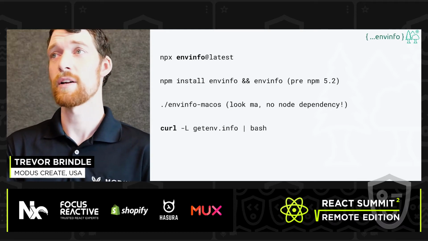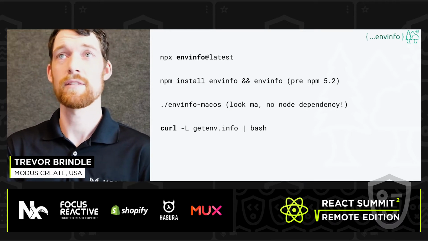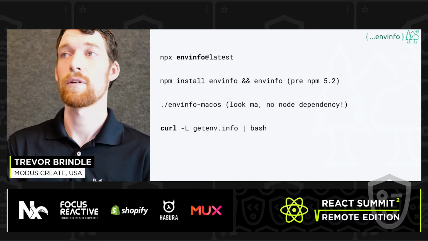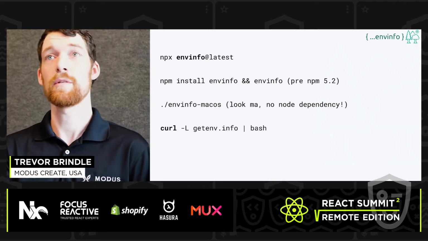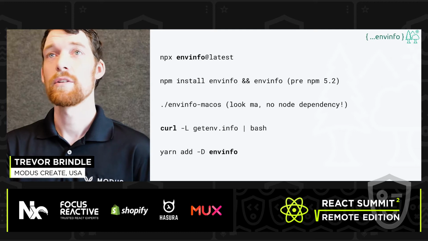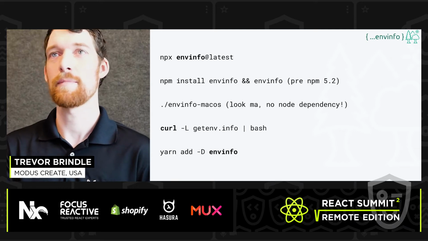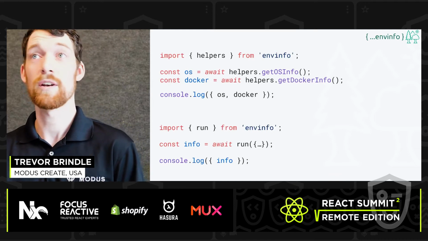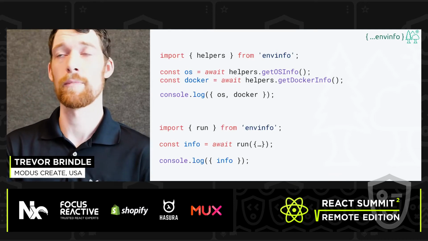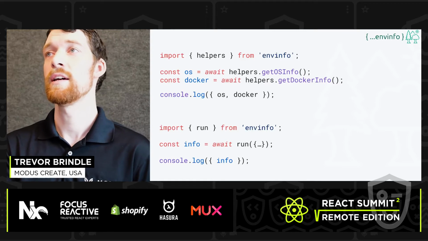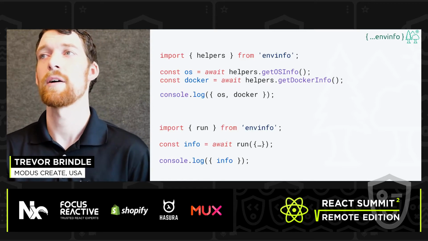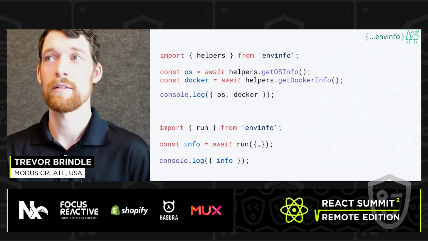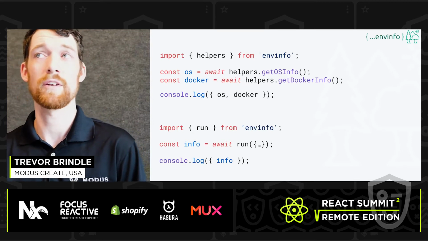Also, there's a sister project that is a bash-related script for getenv.info, and then you pipe it directly to your bash. You can also add it directly as a dependency in one of your projects. So if you want to do that, you can import any one of the helpers that envinfo uses under the hood and await them and then log them out. Or you can run envinfo directly using run in a configuration object.